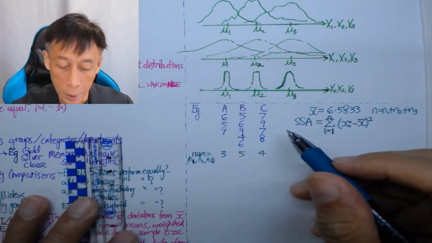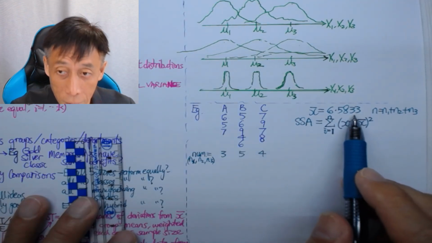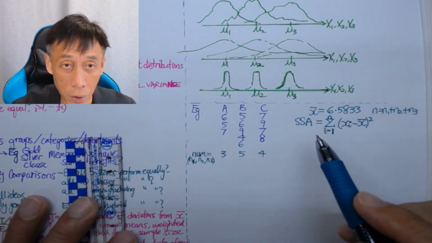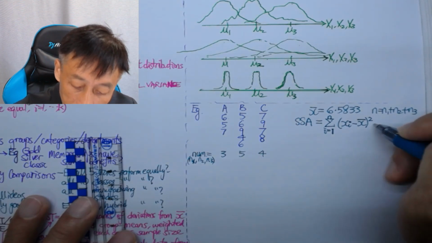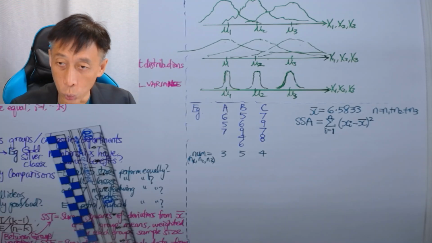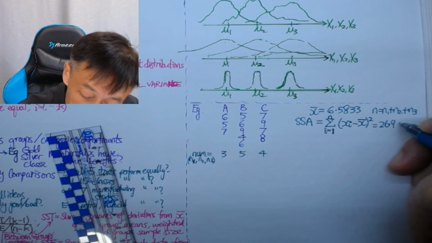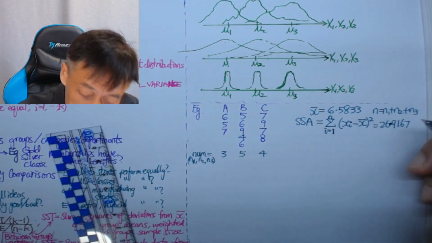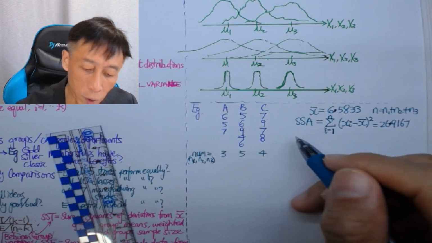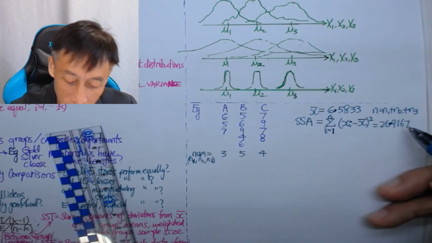This is summing all these: 6 minus 6.5833 squared, 5 minus 6.5833 squared. I won't write them down, but you can try yourself. The number I get is 26.9167. That means this is the overall squares. That's it. You cannot get more than this. So this is the overall squares.